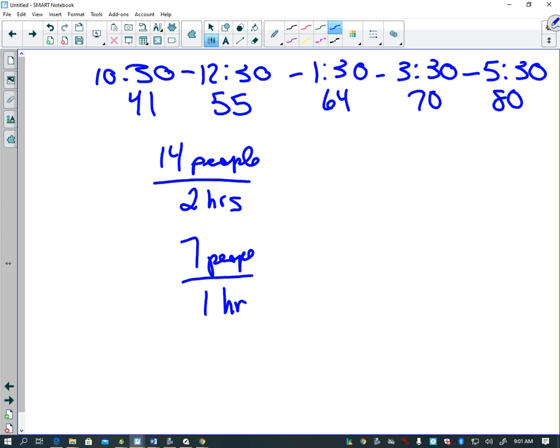So what's the number from 55 to 64? 9. So that's 9 people over 1 hour, so it stays the same. Okay? Would we say that from 12:30 to 1:30 there was a higher rate of change than from 10:30 to 12:30? Yeah.